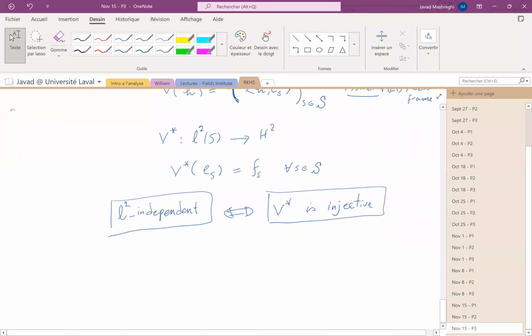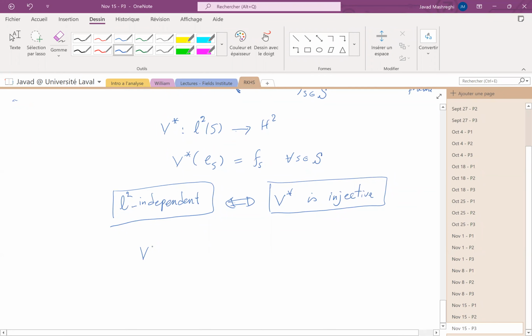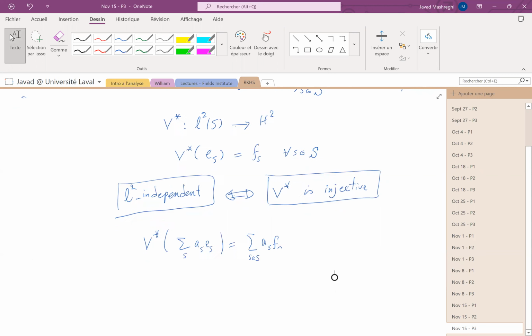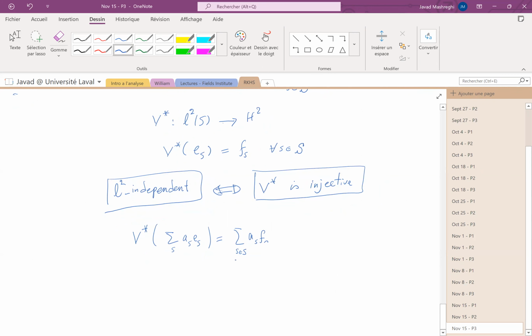Because when you look at V star of the sum over s of a_s E_s, it's the sum of a_s F_s. And L2 independent says that when this is equal to 0, all the coefficients are 0, therefore this element is equal to 0. In other words, the only element which is mapped to 0 is 0, so it's injective.